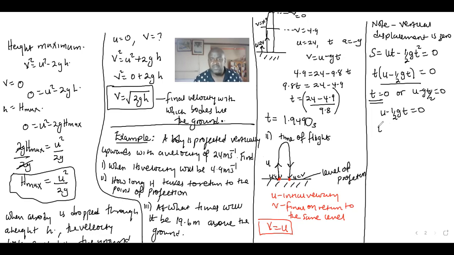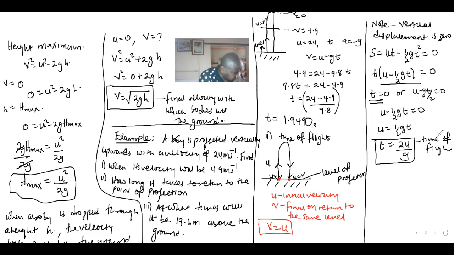So with this reason, U is equal to a half GT. Now I make T the subject, I'll get 2U over G. And this time is what we call the time of flight. The time of flight is the time the particle takes to go and come back.